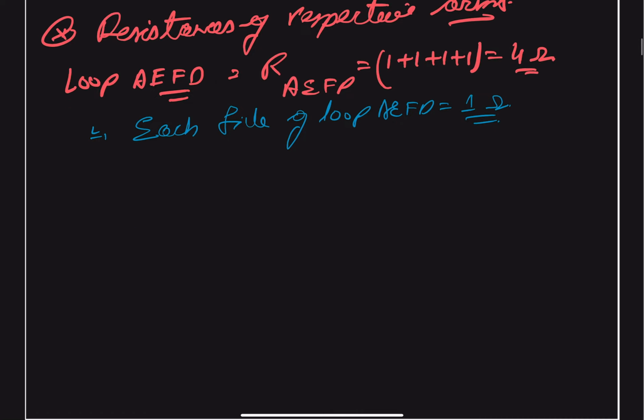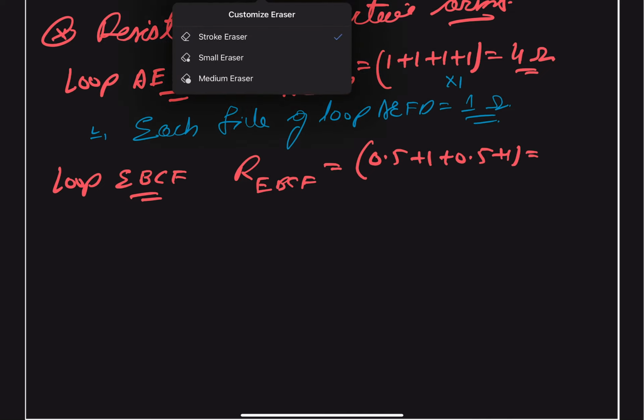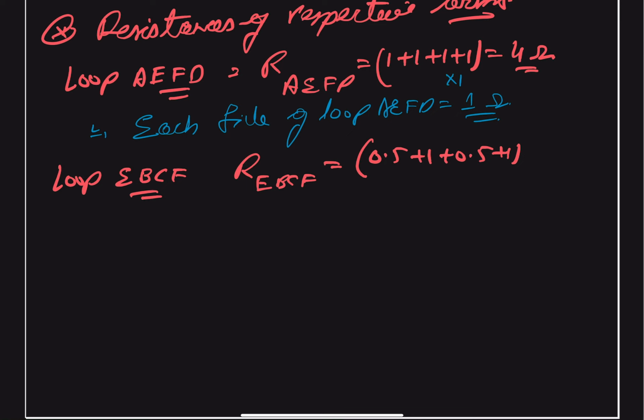And next is our loop EBCF. So we can say resistance of EBCF will be equal to 0.5 plus 1, 0.5 plus 1, and this gives us, sorry, here I forgot to multiply by 1. Multiply by 1 because it is given as 1 meter, and this comes as 3 ohm.